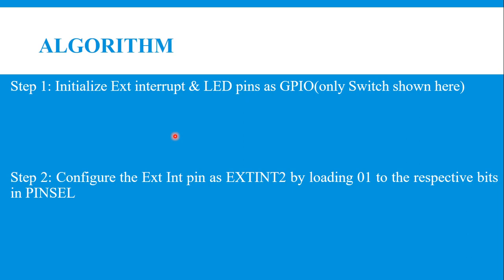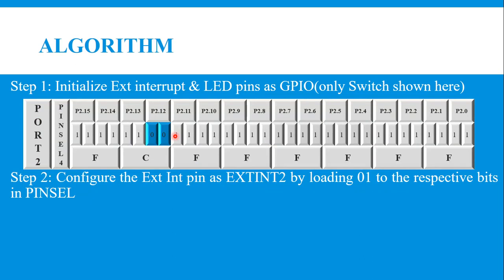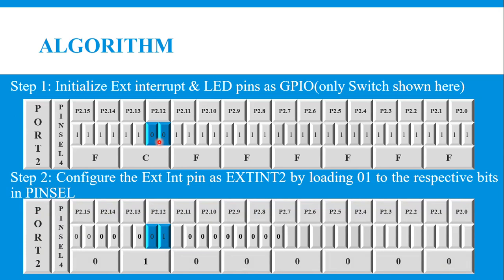Now for P2.12, the responsible function select register is PINSEL4, since it belongs to port 2. Both bits are set to 00, then it will become GPIO. Similarly, you select the pin select register for the LED pin, that is P1.23, and change the corresponding bits in the pin select register to 00, then it works as GPIO. Now I will move 01 in place of 00.